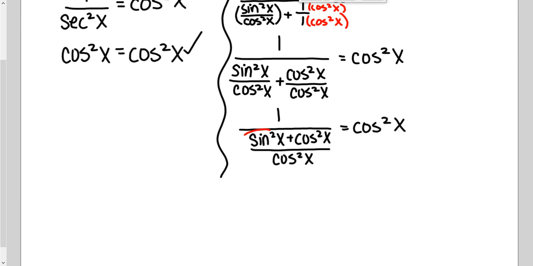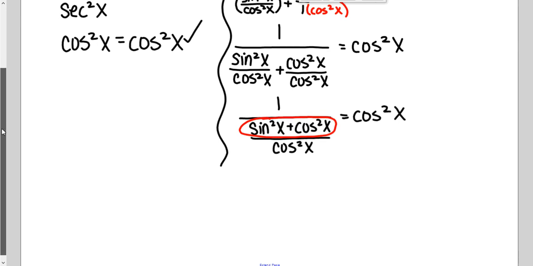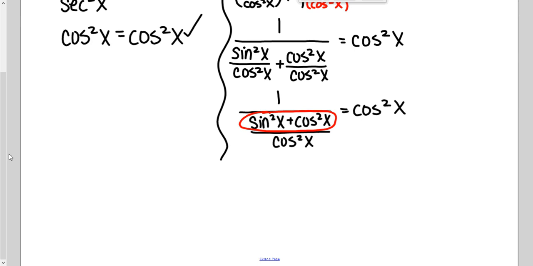I see Pythagorean identity right here, sine squared plus cosine squared, that is equal to 1. Again, third period, you have not talked about Pythagorean identities yet. So me talking about that, you're like, what? It's okay. We will get there.